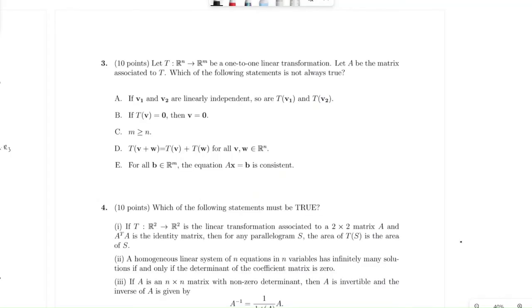In this problem, we're talking about linear transformations. Essentially we're transforming from a vector space with dimension n to a vector space with dimension m. We can look at these statements and figure out which one is not necessarily true. A key point is that this transformation is 1 to 1 and linear. For part A, if v1 and v2 are linearly independent, so are T(v1) and T(v2).